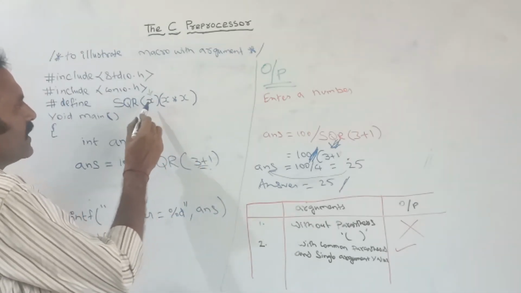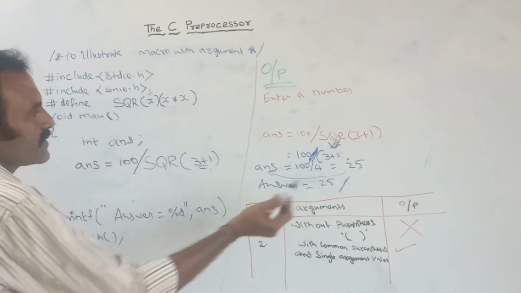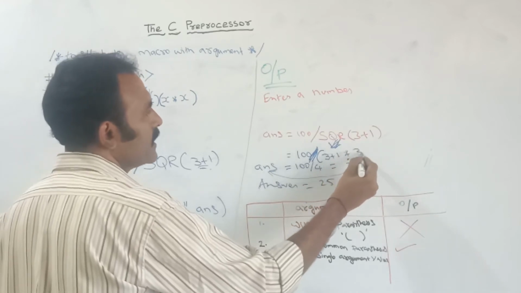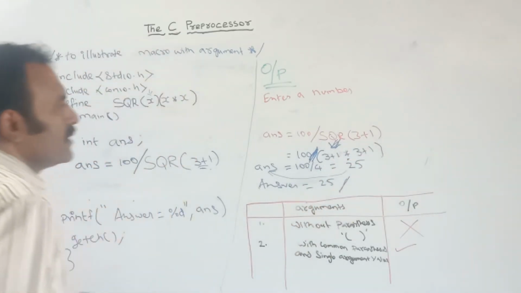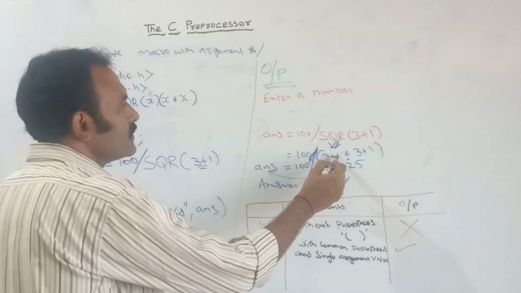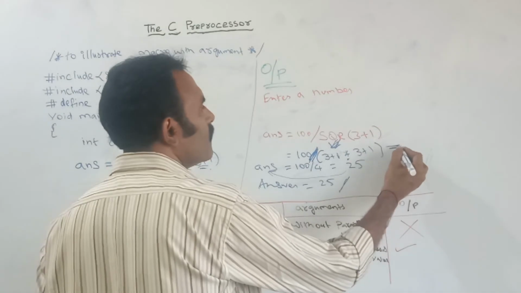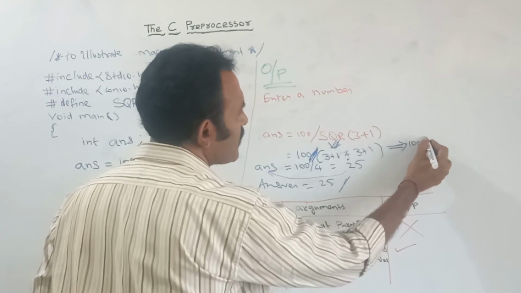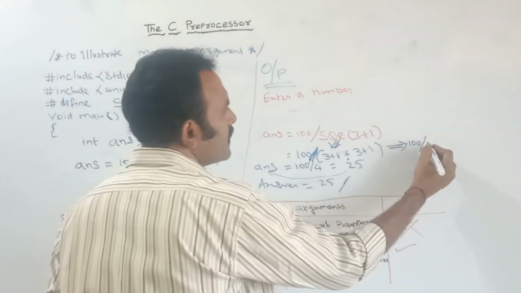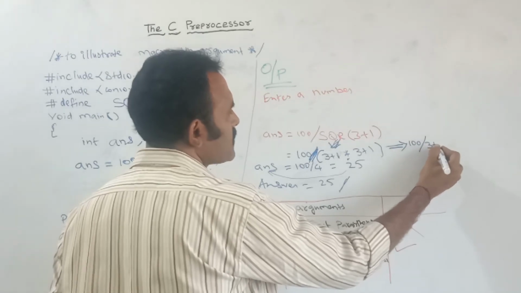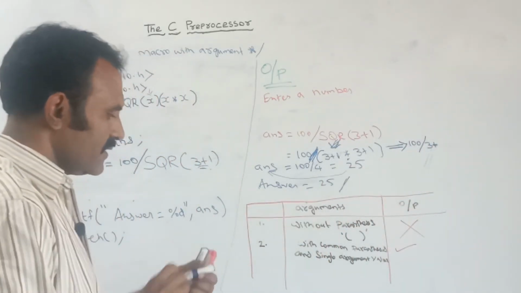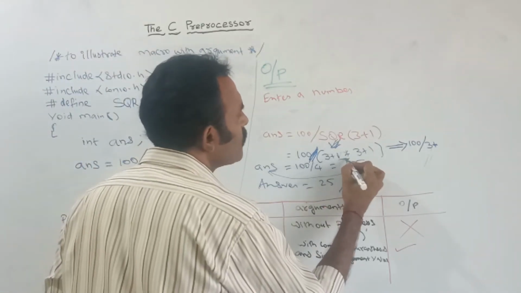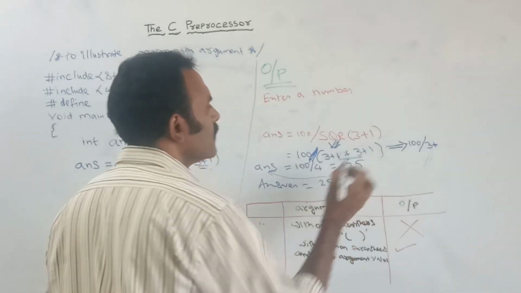After getting the value 3 plus 1 in x, in this definition part it will split like this: 3 plus 1 into 3 plus 1. Here it tokenizes 100 divided by 3 plus, and very first the multiplication takes the priority: 1 into 3, these two will be multiplied.